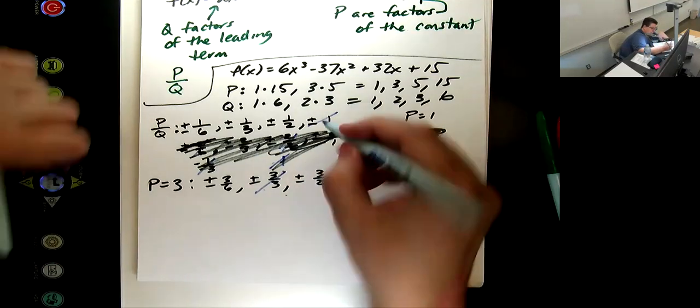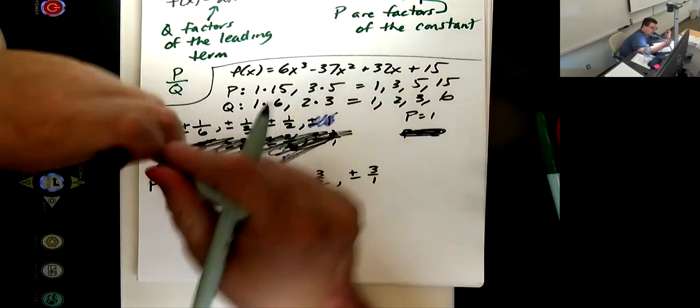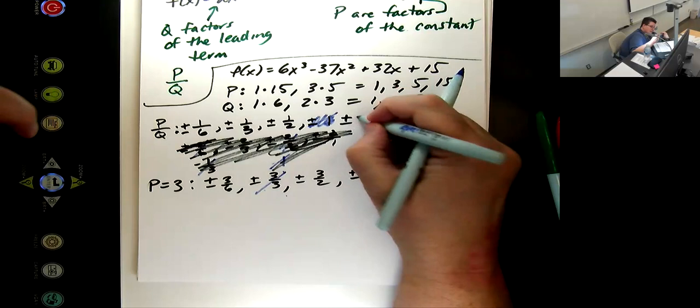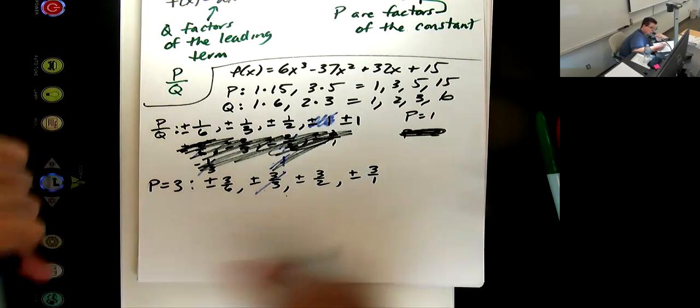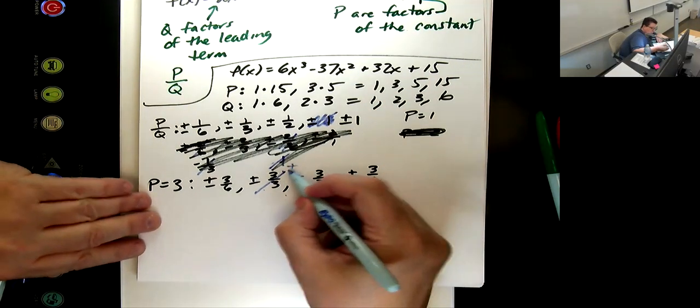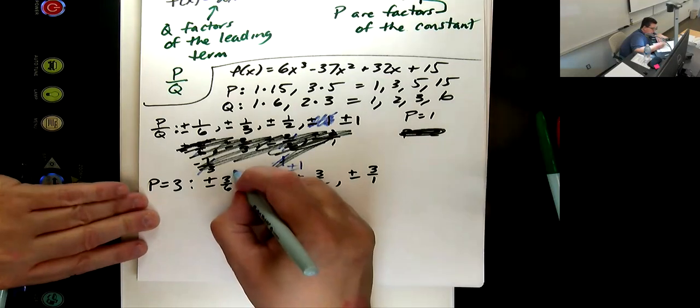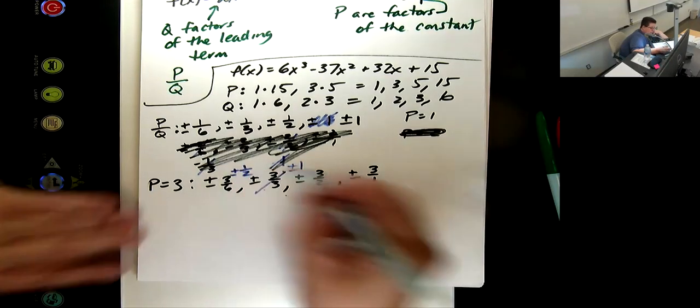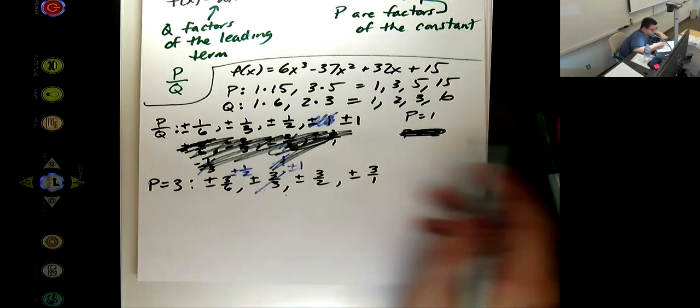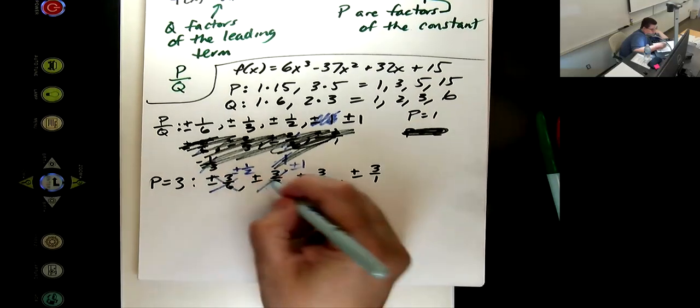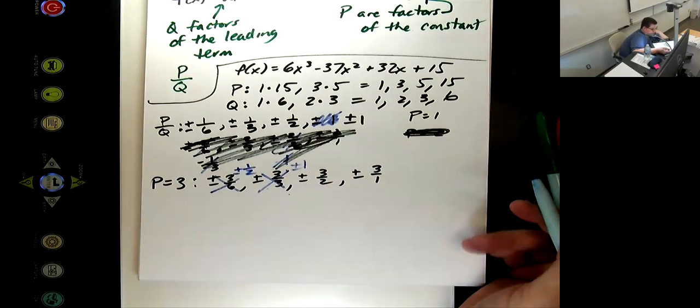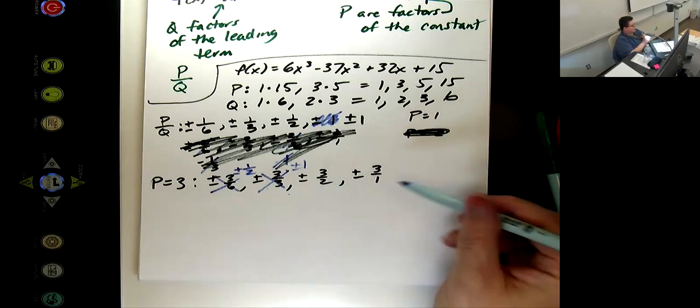I didn't mean to cross that out up there. Let me put it back in. This is the plus or minus 1 up above, and this is the plus or minus 1/2 up above. So we don't need that one either. We don't have a 3/2 and we don't have a 3.